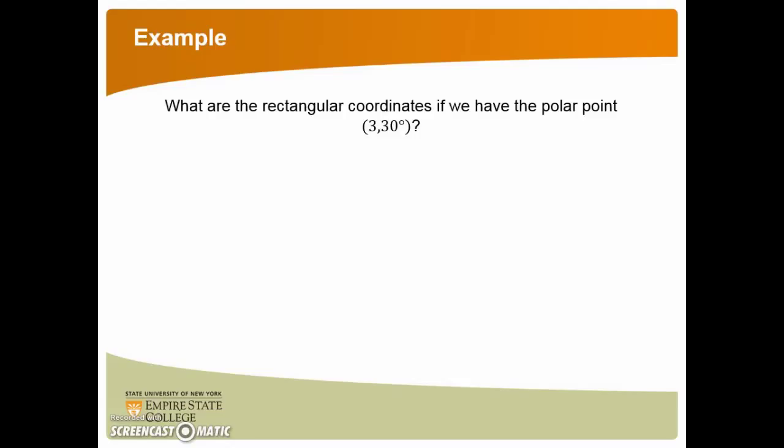Suppose we want to find the Cartesian equivalent of the polar point (3, 30 degrees). We have our formula to find the x value. Plug in our values. So our x coordinate is 2.6.